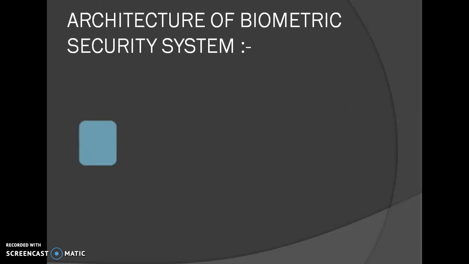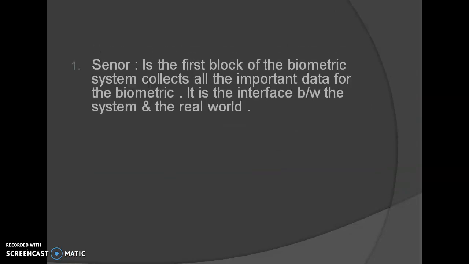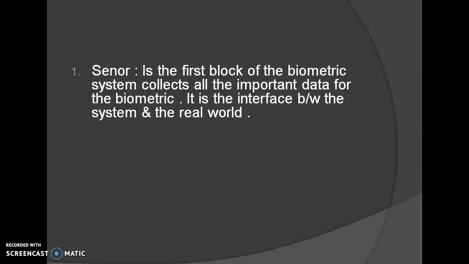Now we see the architecture of biometric security. This is the architecture of biometric security. Now we discuss this architecture. First one is the sensor. The sensor collects the important data for the biometric and is the interface between the system and the real world.